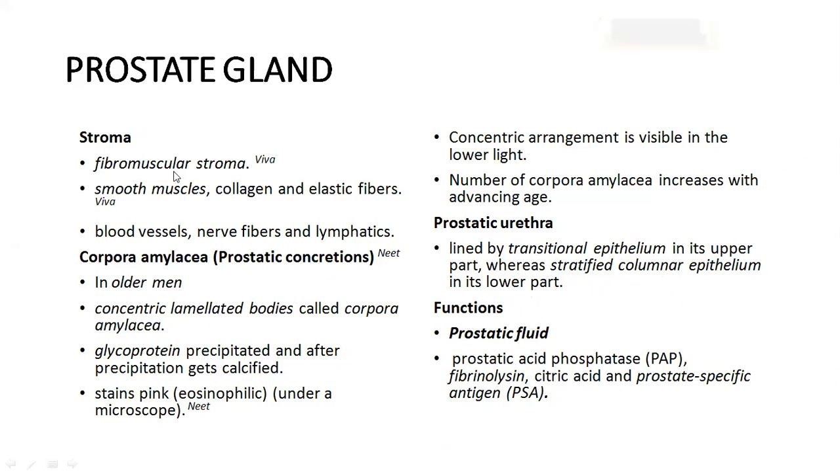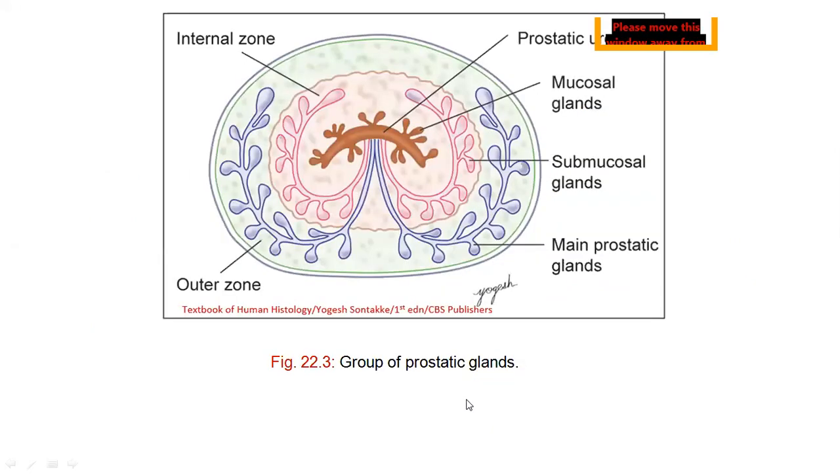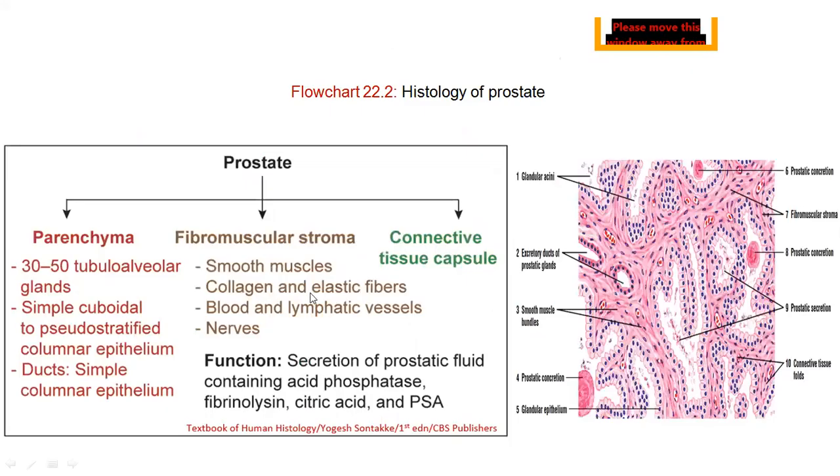The prostate gland secretes prostatic fluid, which contains prostatic acid phosphatase, fibrinolysin, citric acid, and prostate specific antigen. Then there is a flow chart which helps to identify it in a nutshell.